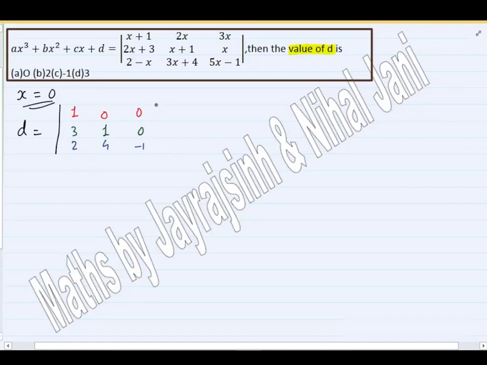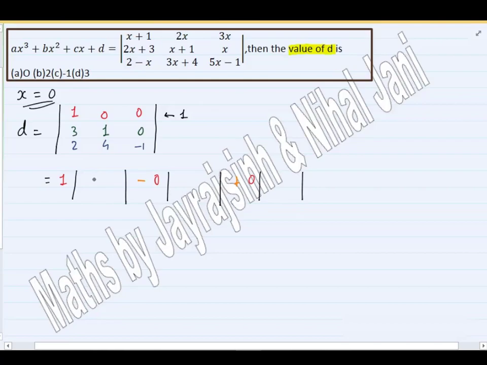Now you can say the question has become easy peasy. Just expand with respect to the first row and you will get your answer. So quickly let's write down the elements of the first row and their matrix. 1 times determinant, then minus 0, oh my god, 0 will be helpful, then plus 0 into determinant, right?